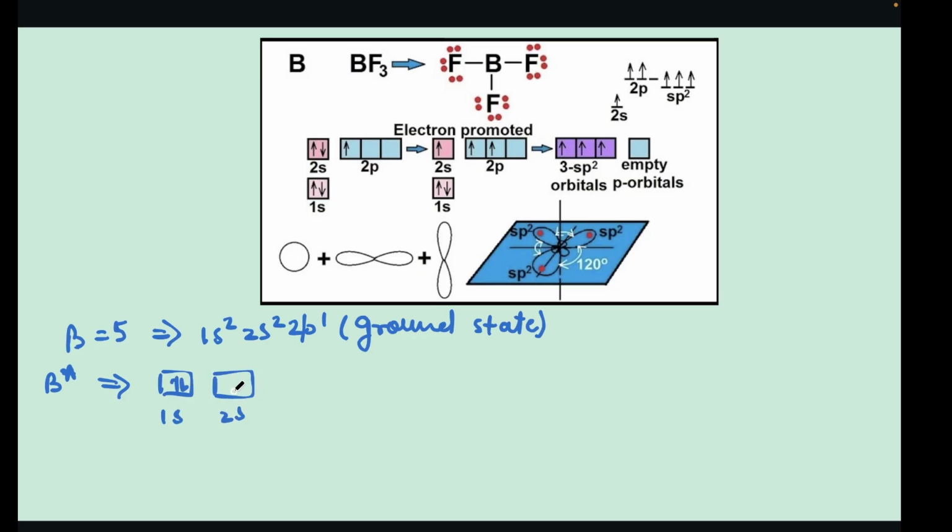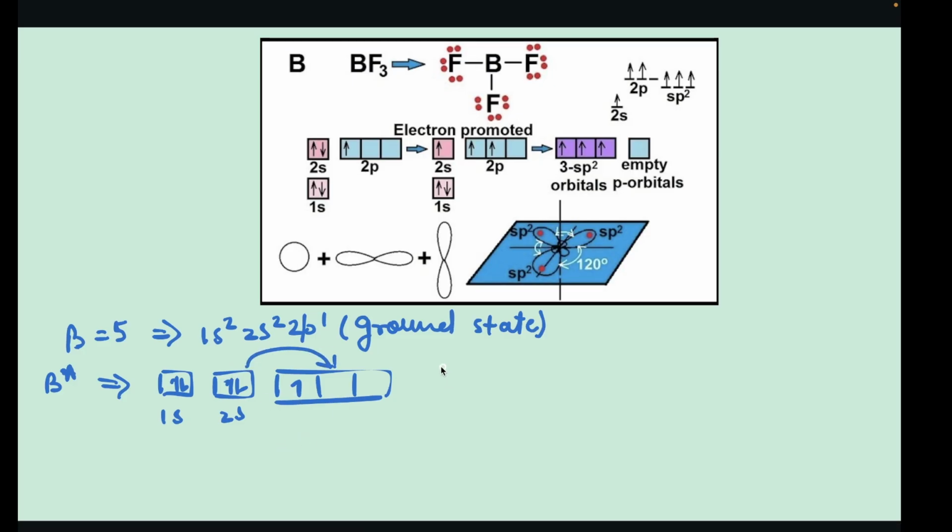This is 2s, which also has 2 electrons, and this is p orbital, which has only one unpaired electron. So in the excited state, one 2s electron is promoted to 2p orbital.